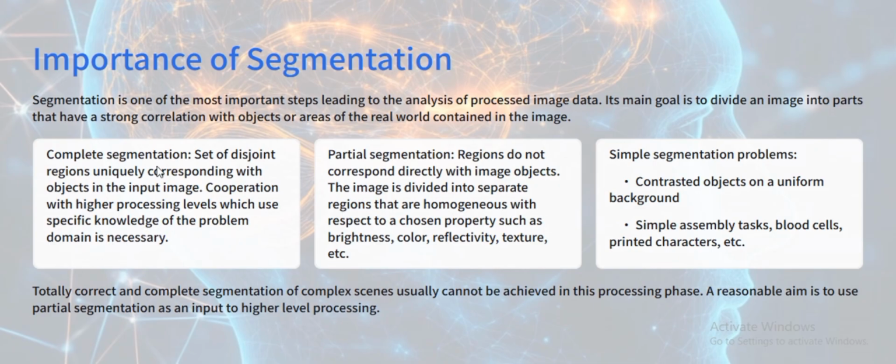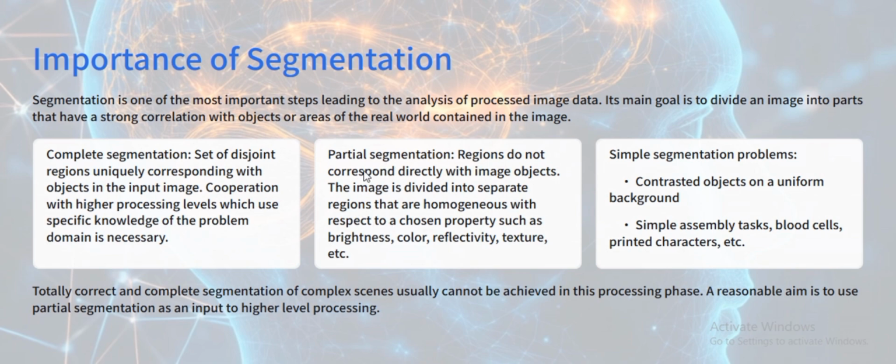So in complete segmentation, we take all the disjoint regions uniquely. That is, we find those regions which do not have any type of connections, and we combine them as separate parts of an image, right? Doing this helps us do higher processing levels in order to ascertain specific knowledge of an image, right?